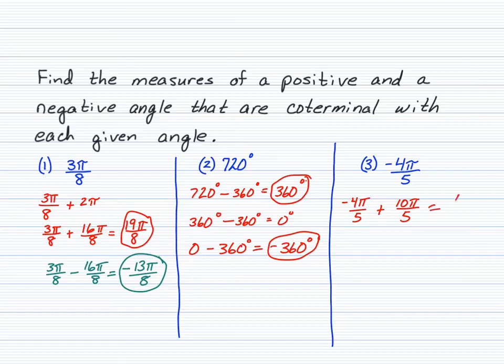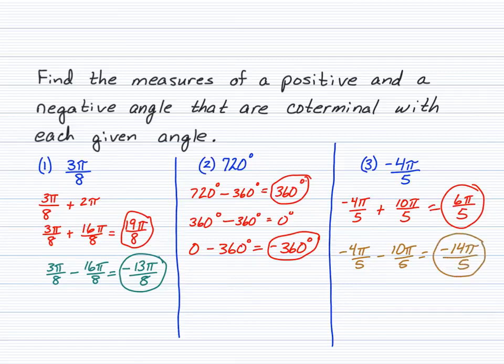So when you add these together, you get 6 pi over 5. That is a coterminal angle. Now if you subtract 10 pi over 5, that will give us negative 14 pi over 5, and that is a negative coterminal angle.